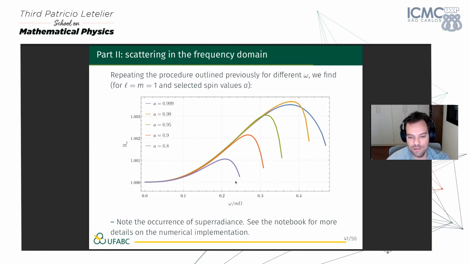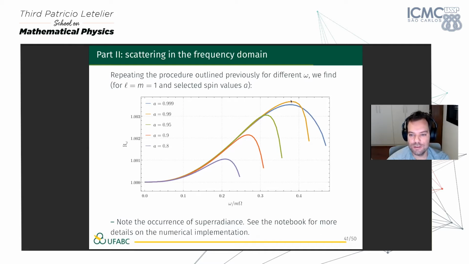And you can see that for small but not very small frequencies, you get these amplifications, which become higher and higher as you increase the spin of the black hole. But they don't keep increasing until you reach A equals 1.